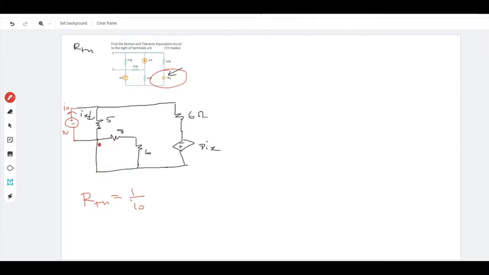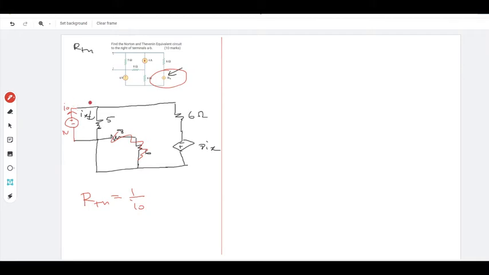I hope you noticed that this resistor of 8 ohm and 6 ohm can be ignored because they are connected in parallel with the short circuit. I'm not sure if you have noticed that. I haven't skimmed through your answers.